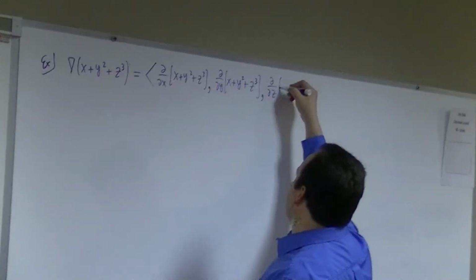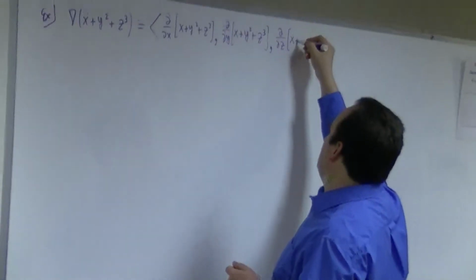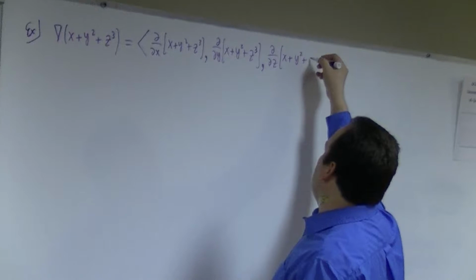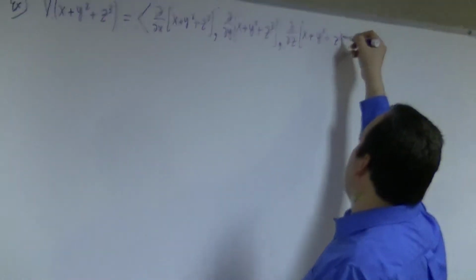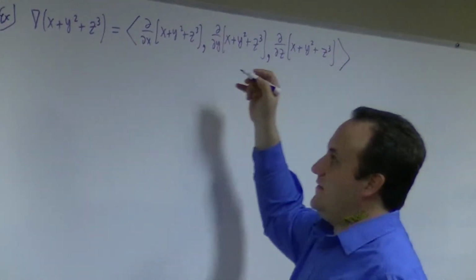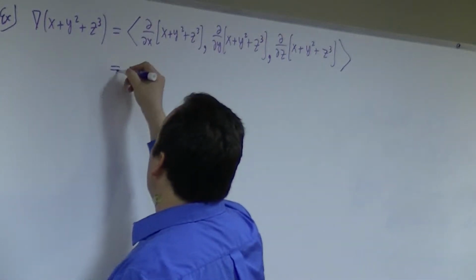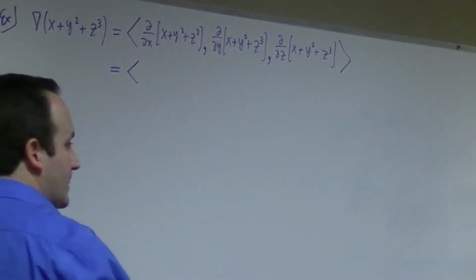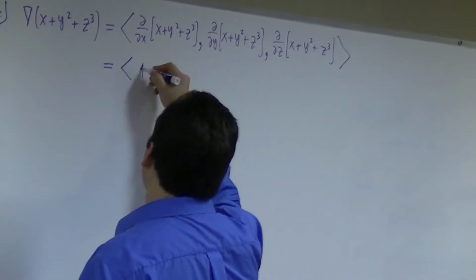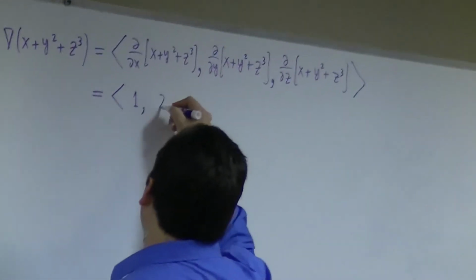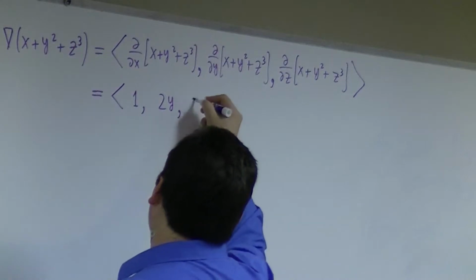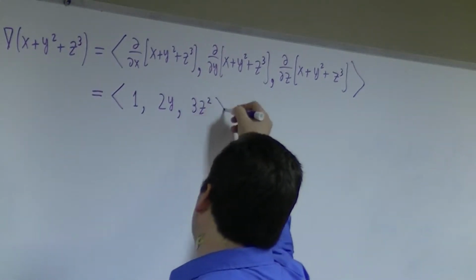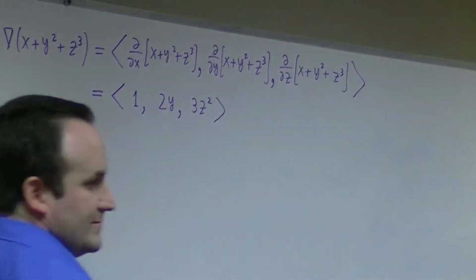I am doing entirely too much writing for this problem. Once you understand what's going on, you would never bother to write this, because you can write down the answer with just a moment's thinking. What's the answer here? 1, 2y, 3z squared.